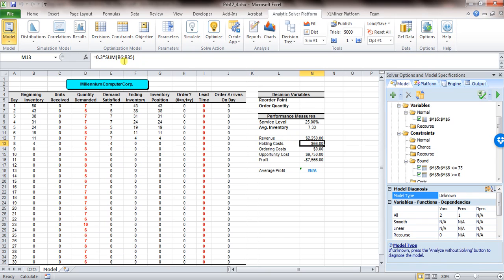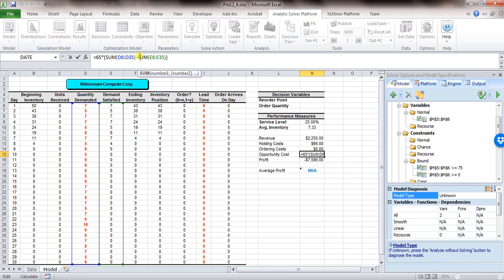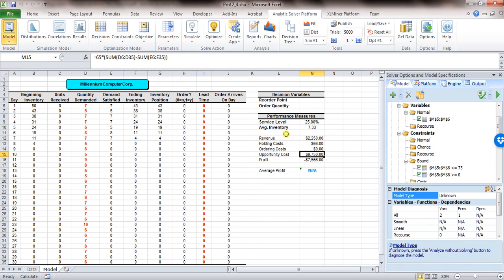Holding cost is given to us and depends on the beginning inventory. Ordering cost is fixed at 20, so every time we have an order there is a fixed order cost. Opportunity cost is 65 times the unmet demand, and profit is calculated by subtracting the costs from the revenue.